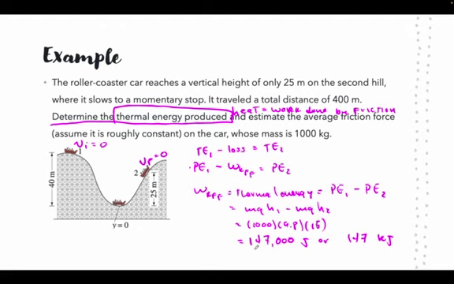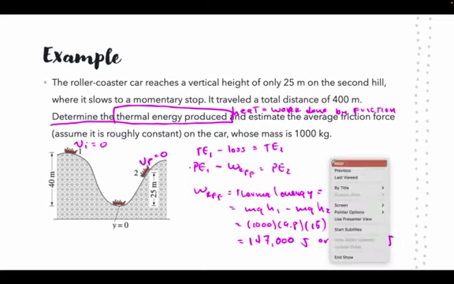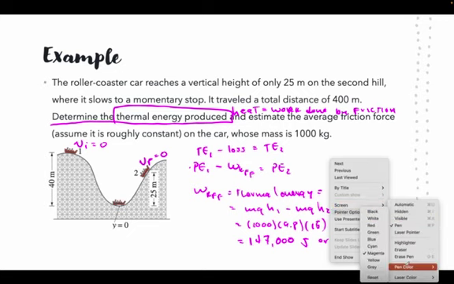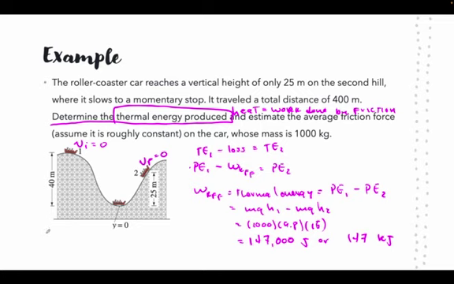Now we have to estimate the average friction force. So in order to do that, I'm going to say, all right, the work done by friction is equal to friction force times distance. So friction force is going to be equal to the work done by friction divided by the distance. This is going to be equal to 147,000 divided by the distance that friction acted upon.